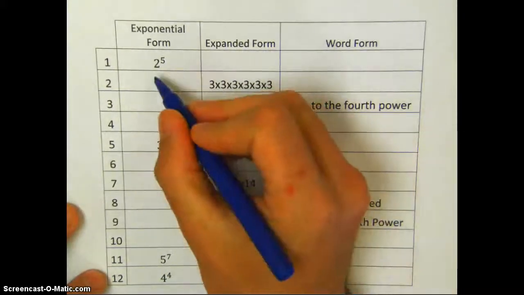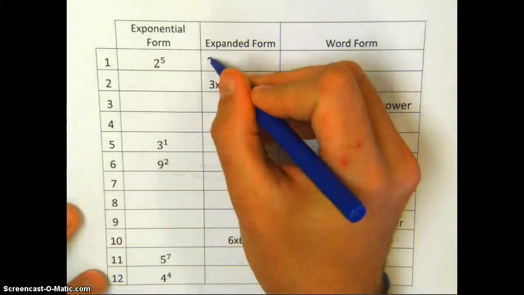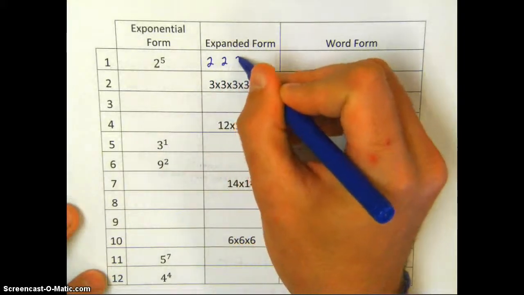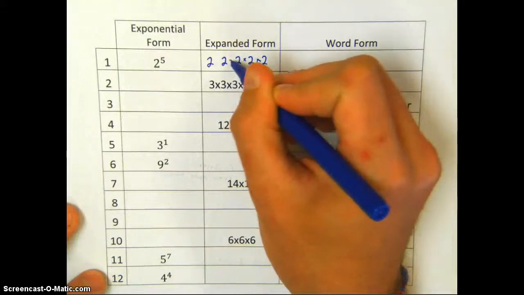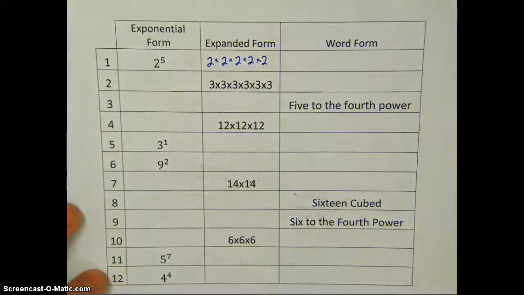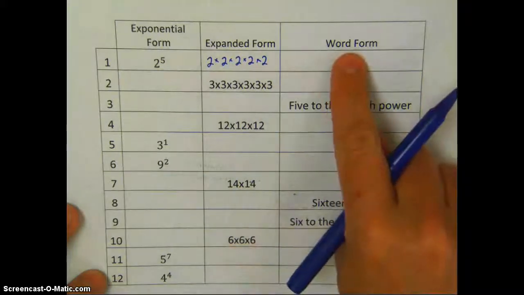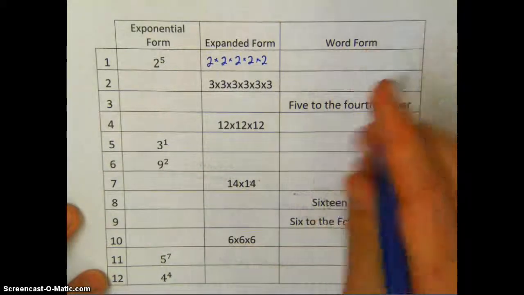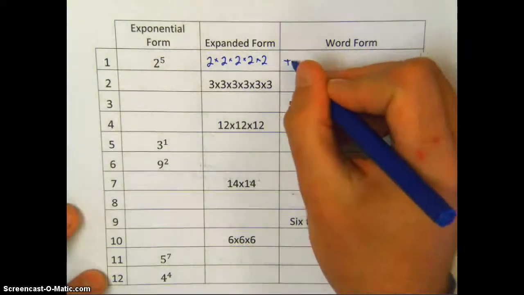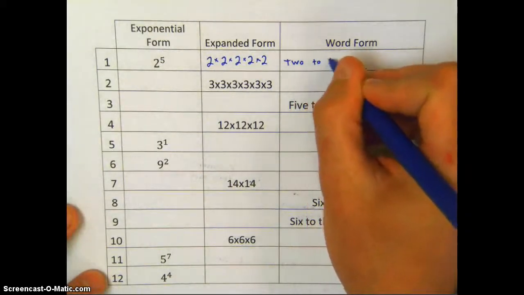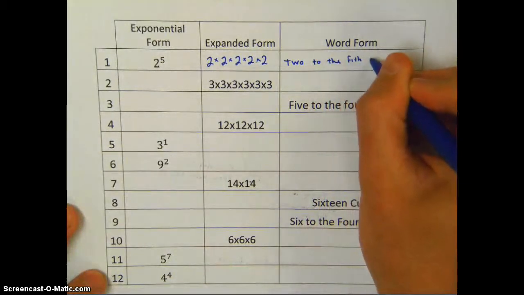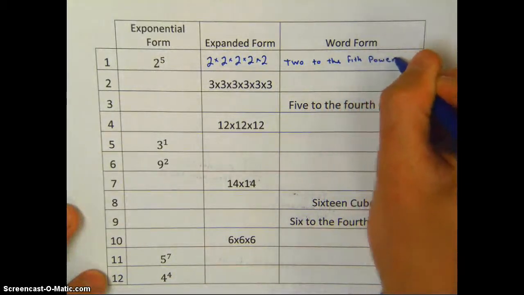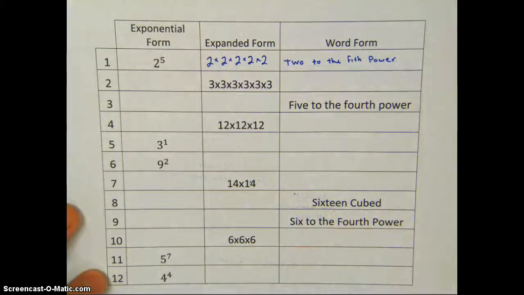To do that, I have to write 2 5 times. 1, 2, 3, 4, 5, and then put my multiplication symbols in there. And now it wants me to write it in word form. So in word form, this is 2 to the 5th power.